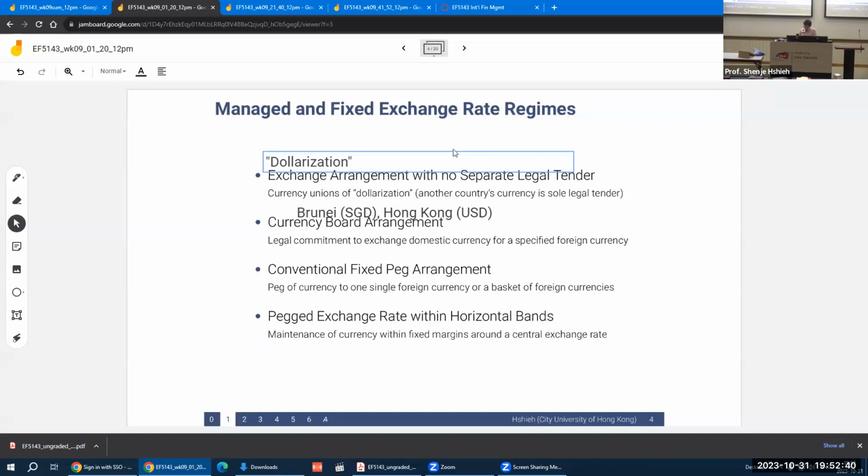Countries that dollarize their currency are, as I said, El Salvador. You may have heard El Salvador in the news recently because not only do they consider the US dollar as their current home currency, but they also adopted Bitcoin as their home currency. So if you have Bitcoin, you can go over there and try to spend it. You can try.